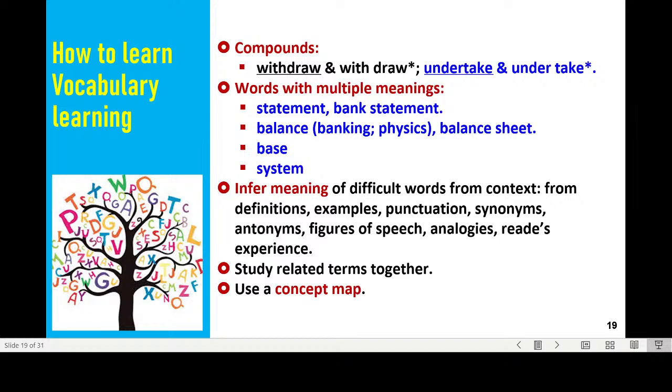And words that share certain suffixes or prefixes or roots, like democracy, autocracy, bureaucracy, and so on. We can use a tree diagram, we can use circles, we can use a table, graphic organizers to put the words that belong together.